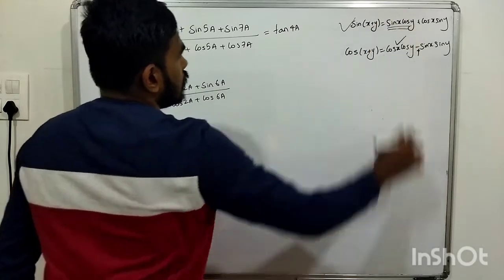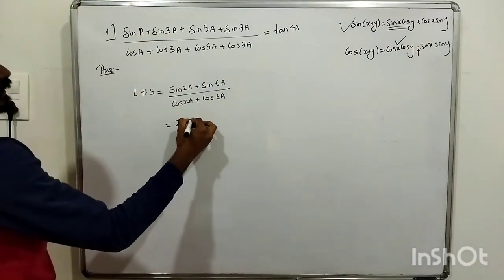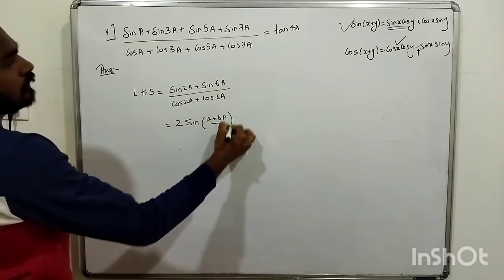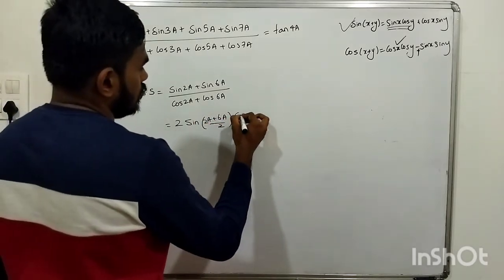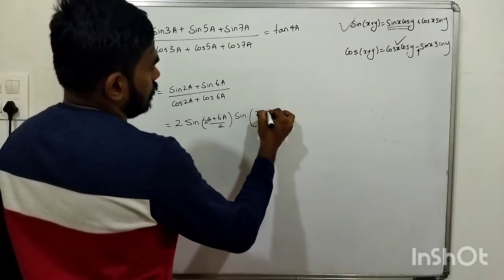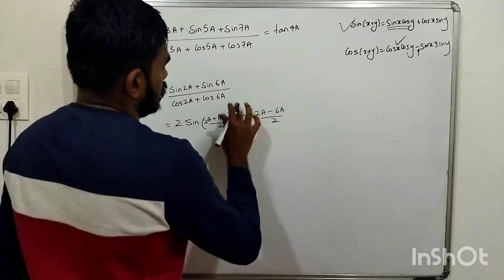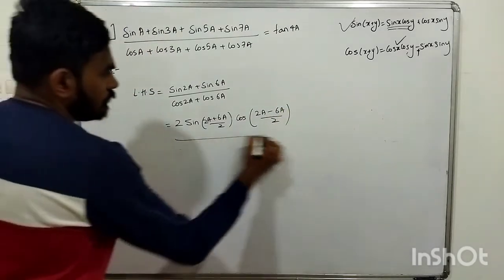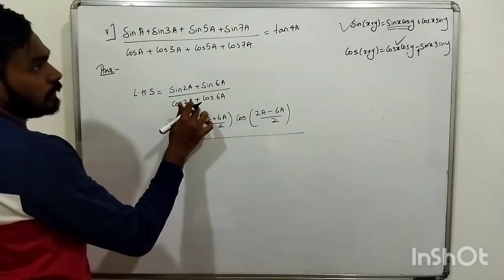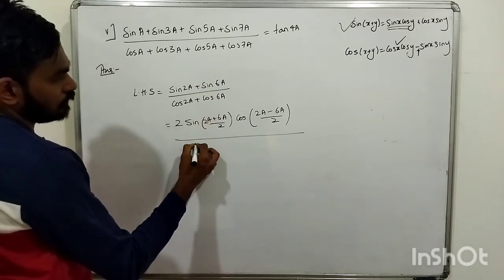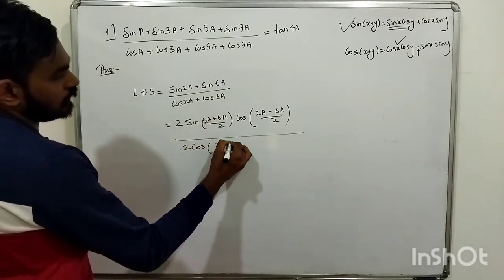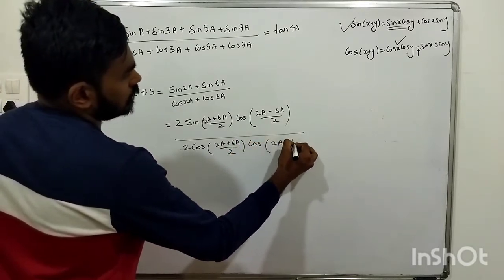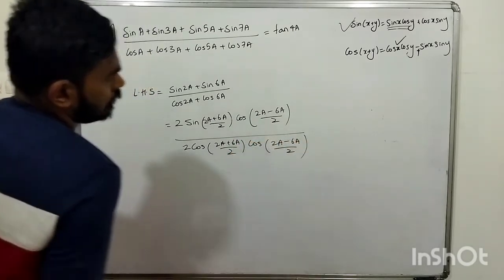So 2 sin ((2A+6A)/2) cos ((2A-6A)/2), and in the denominator, since it is plus, again 2 cos ((2A+6A)/2) cos ((2A-6A)/2).